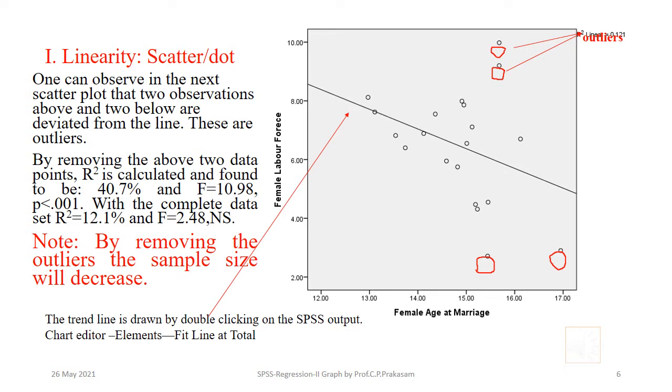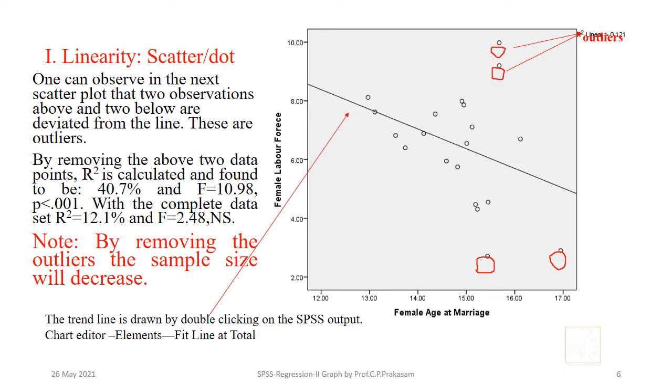We can also fit the trend line on the SPSS output: double click the chart to get the chart editor, then from the elements choose fit line at total, and you will get the regression line, the average line between the observations.